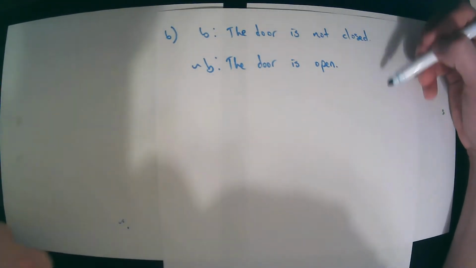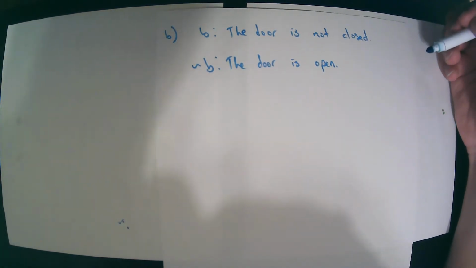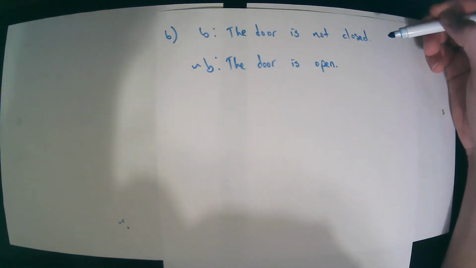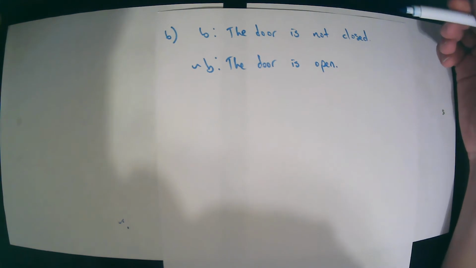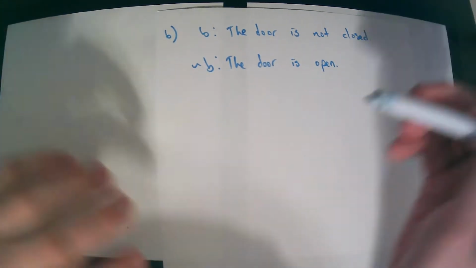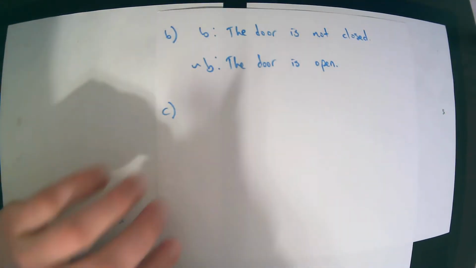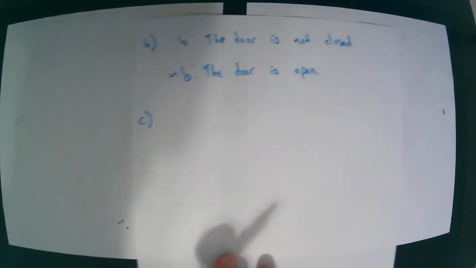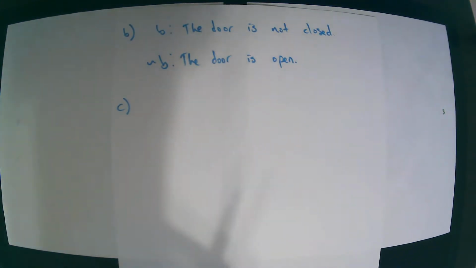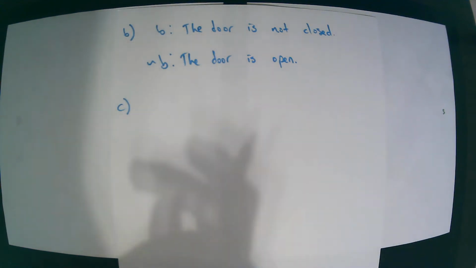And the truth values of each of these would just depend on what door you're talking about. But it still can be a mathematical statement. We would just need to know what door, right? Okay, so let's talk about an example that's not either open or closed or prime or not.